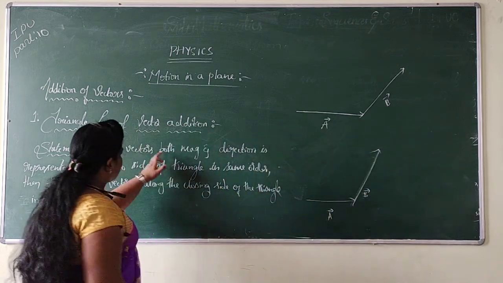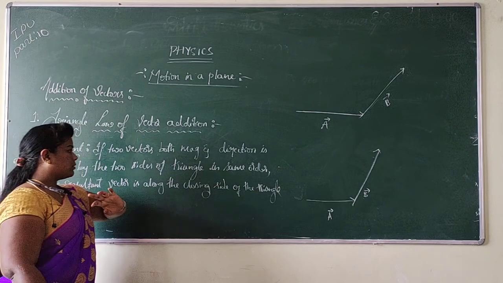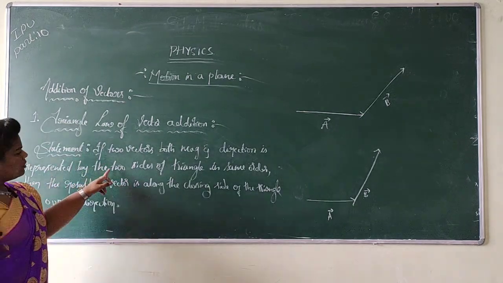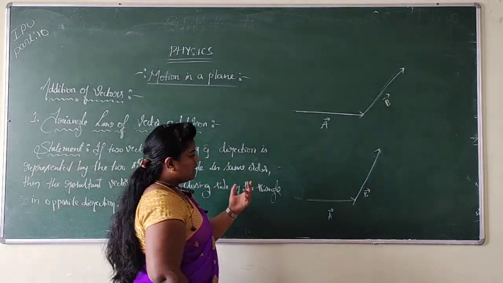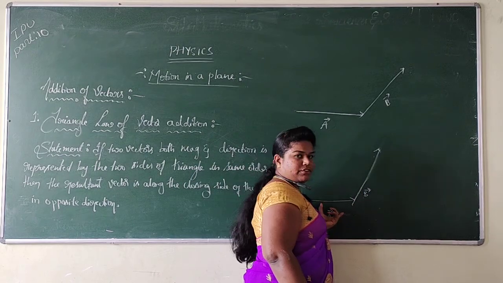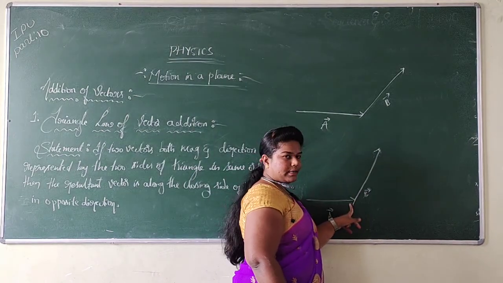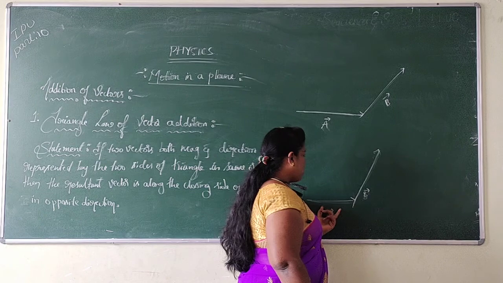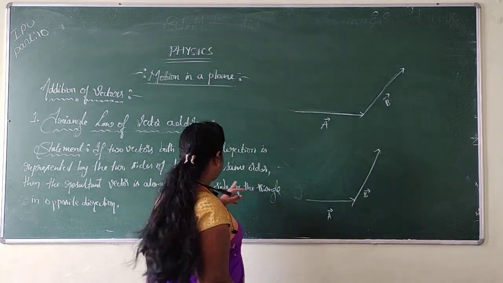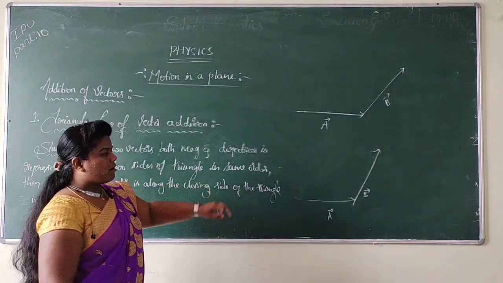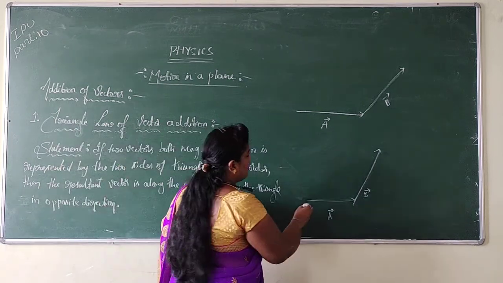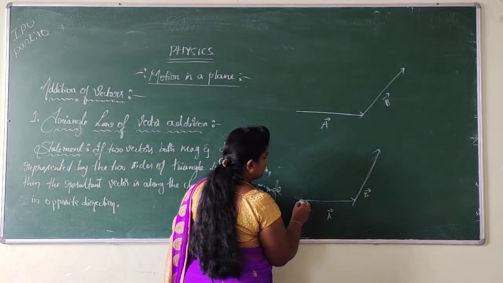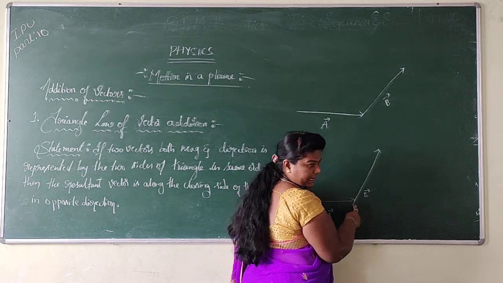See here, two vectors with both magnitude and direction are represented by the two sides of a triangle. These two are the sides of the triangle, whereas these two vectors are represented along the two sides of the triangle. We represented it in the same order. Same order means the vector starts from tail and ends at head.